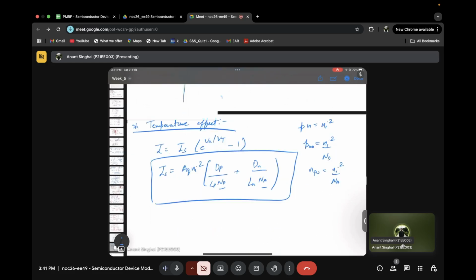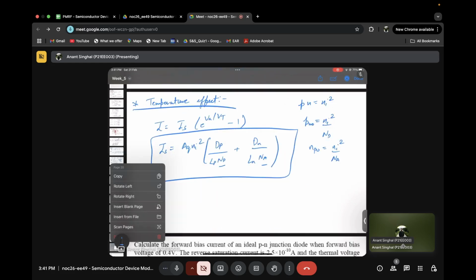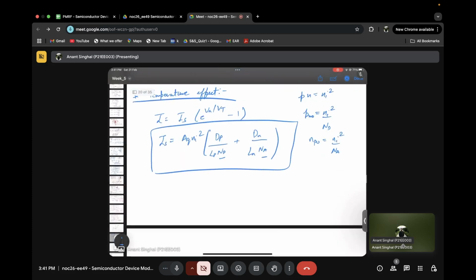So now from here we can clearly see that there is one term which is temperature dependent, which is in exponential, and Is is also a very strong function of ni squared. And if you remember, we did a derivation for ni squared, which was Nc exponential of minus Eg over kT. Sorry, it was not 2. It was Eg over kT. For ni, it was 2kT.